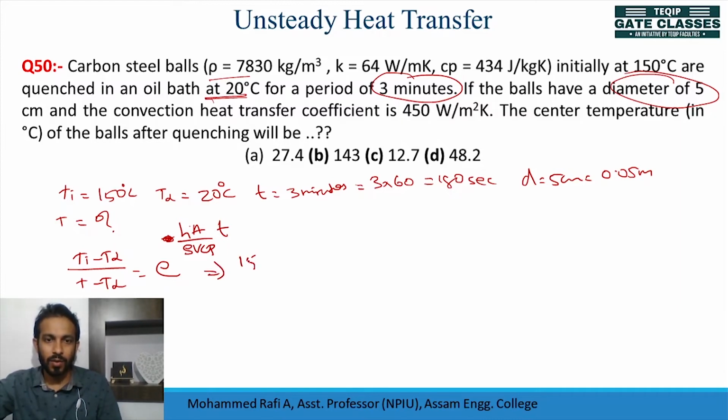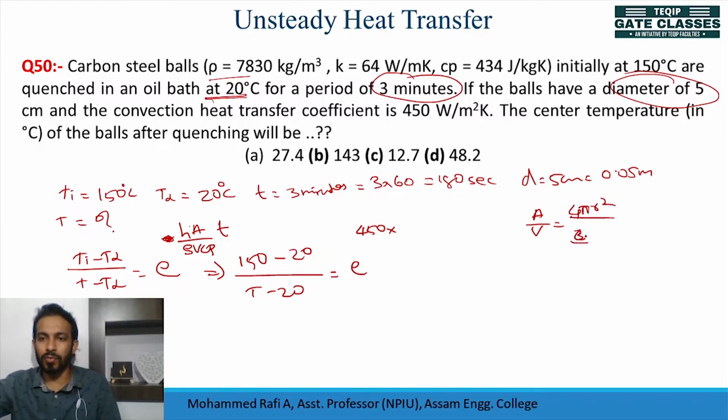Ti is 150 minus 20, divided by T minus 20, equal to e to the power h value 450 into A by V. In case of a ball, A by V is 4 pi r squared divided by 4 by 3 pi r cubed, right? So for a sphere, A by V will be equal to 3 by r. I am just substituting 3 divided by r.